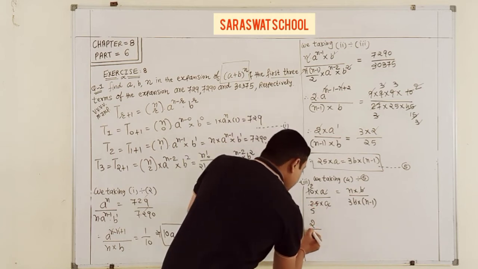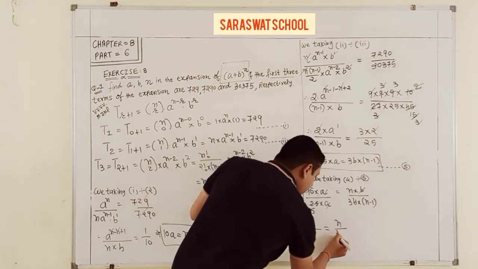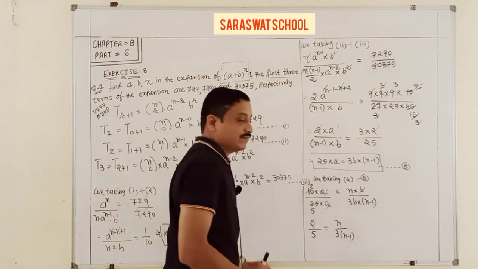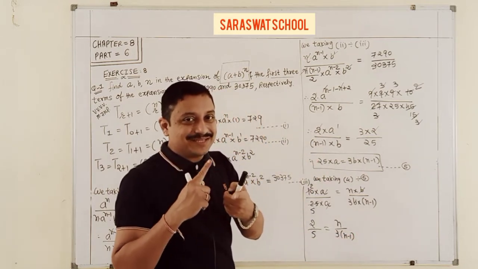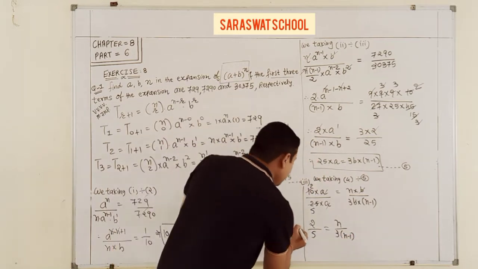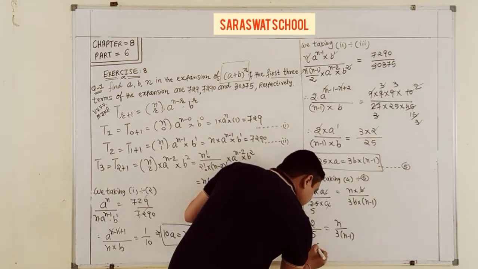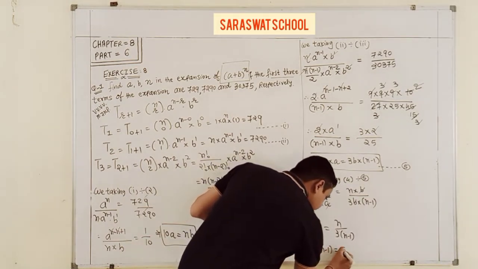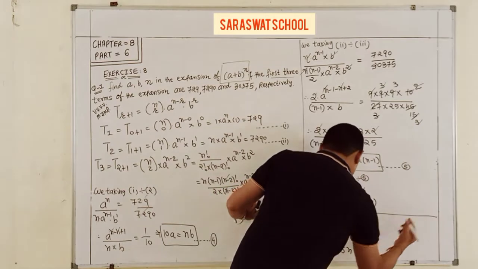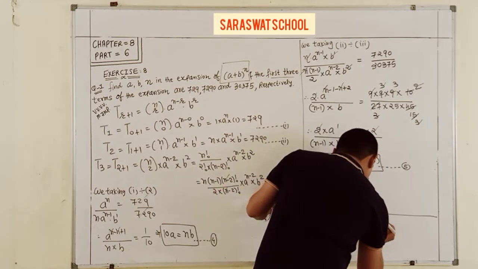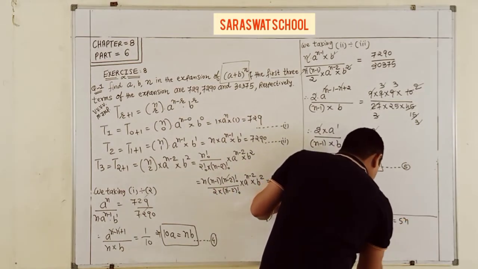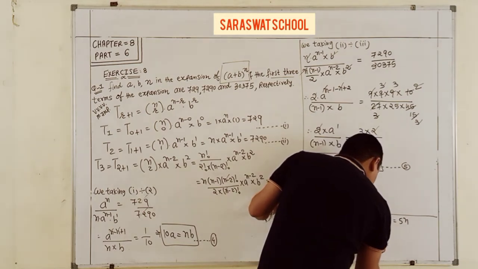So 2 by 5 equals n by 3 into n minus 1. Now multiply to each other, so 3 into 2 equals 6 into n minus 1, cross multiply. So my answer is finally done: 6n minus 6 equals 5n, so 6n minus 5n.